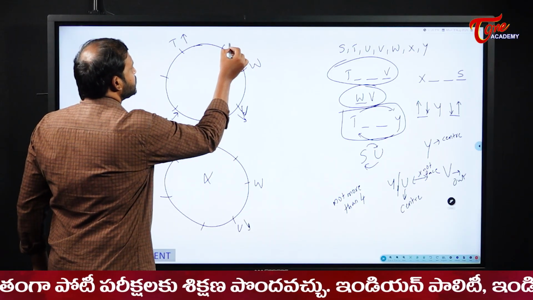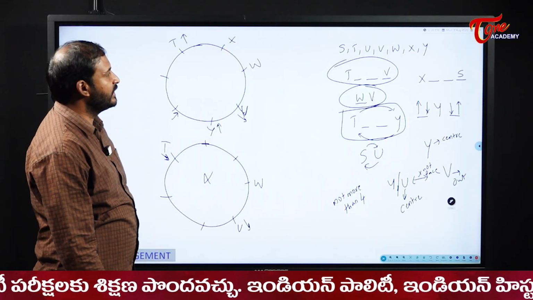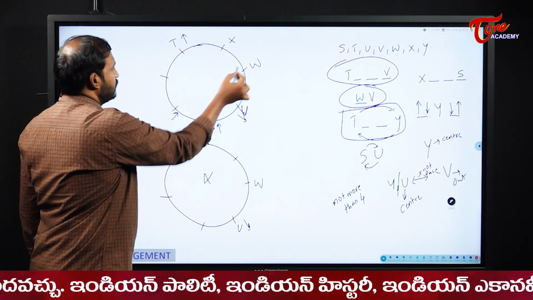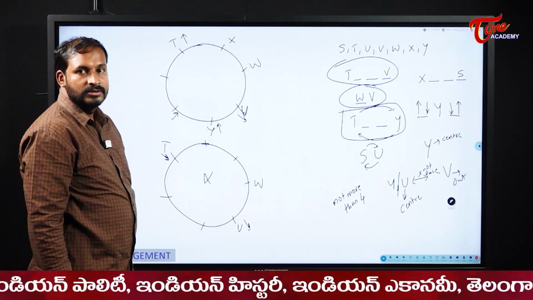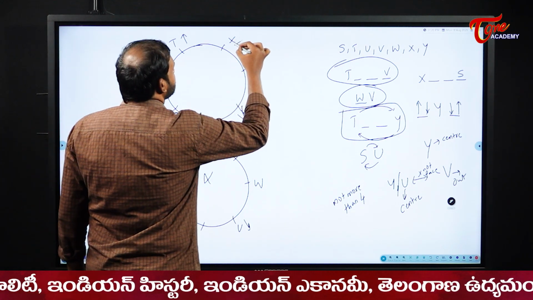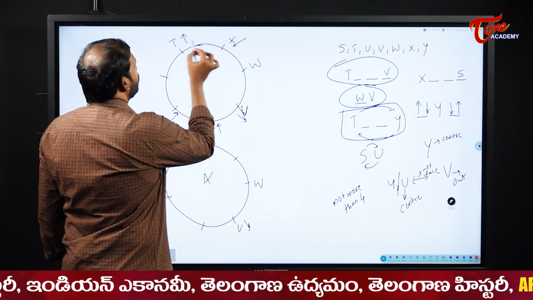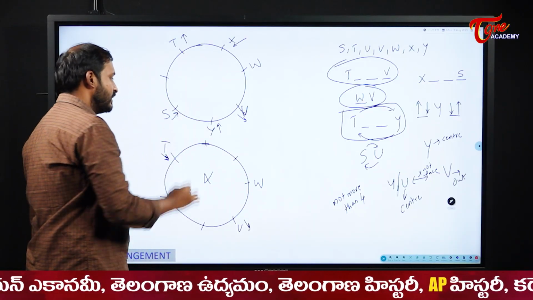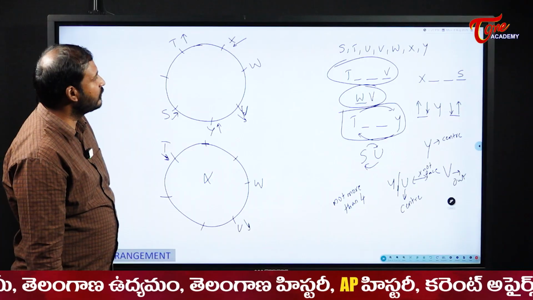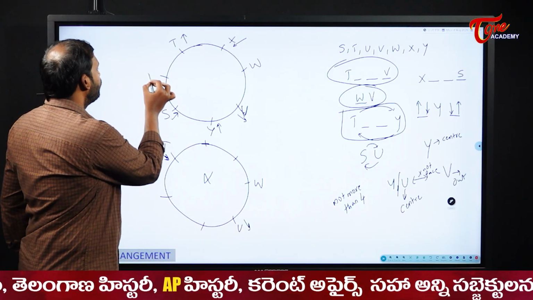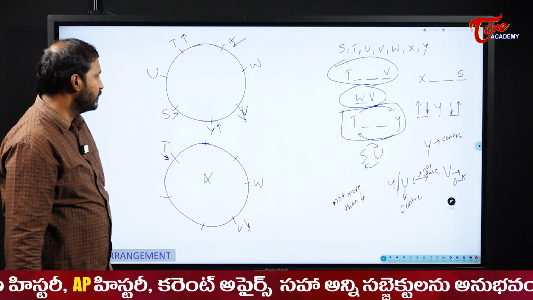So definitely X should be here, and third right means 1, 2, 3. So X will face inward, and S will come here. Who is the only person left for us? U. So obviously U should come here.